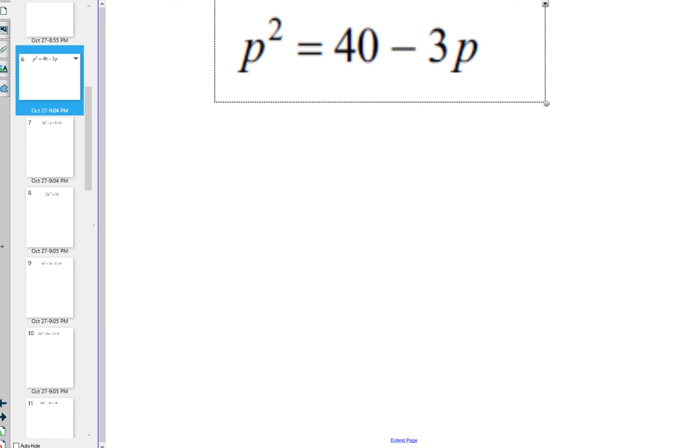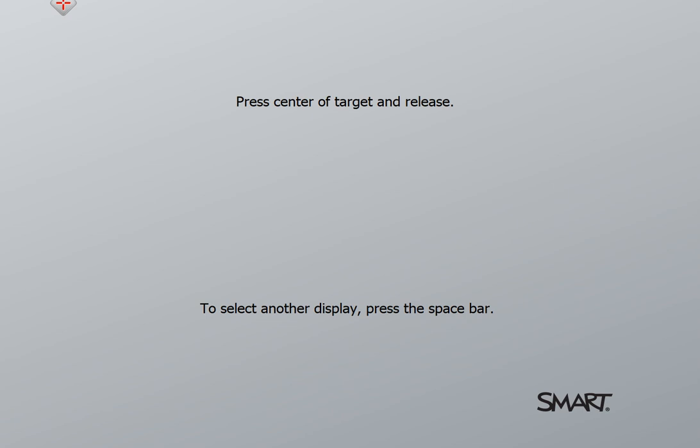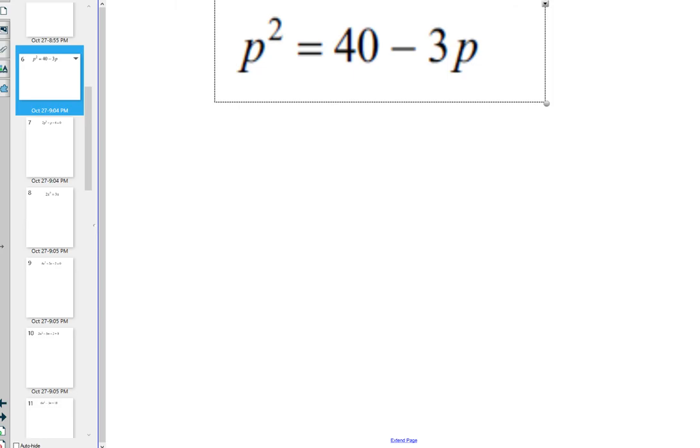So right now, the lead term, the one that has the biggest exponent, is p squared.